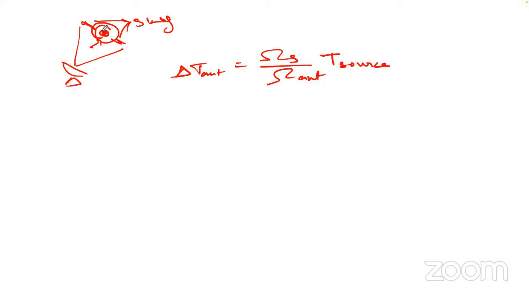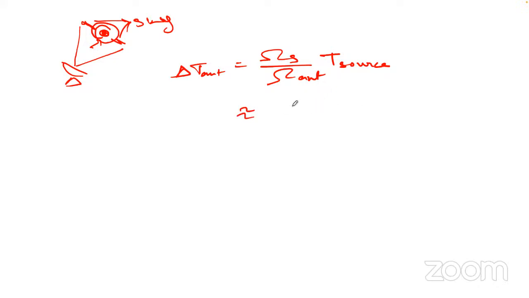If the source is not in the picture, the antenna temperature will be the same as the sky temperature, 500 Kelvin. But if the source comes into the picture, then above that background noise it will add on some temperature. That can be calculated roughly by taking the square of their sizes.